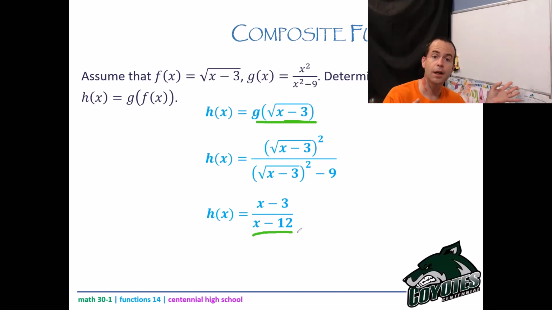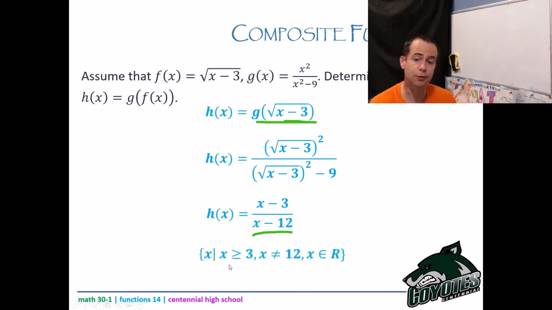So there, I would just say, essentially, you have to say the simplest restriction possible. In this one, x is greater than 3, but can't be 12 is what I have to say there because the x is greater than 3 didn't account for the can't be 12. Okay? So my domain ends up being x is greater than 3, but x can't be 12, and x is a member of the reals.